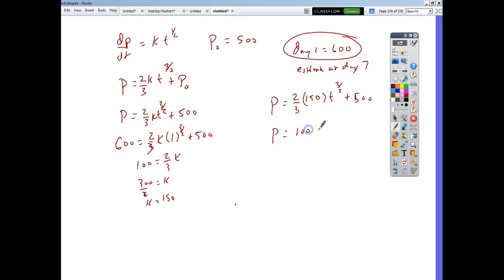So population equals 100 t to the 3/2 plus 500. I'm going to simplify one more step. Agreed? And then I'm going to plug in 7, which is going to be nasty. Probably going to need a calculator for this because I don't think the square root of 7 is something I know, at least not well.